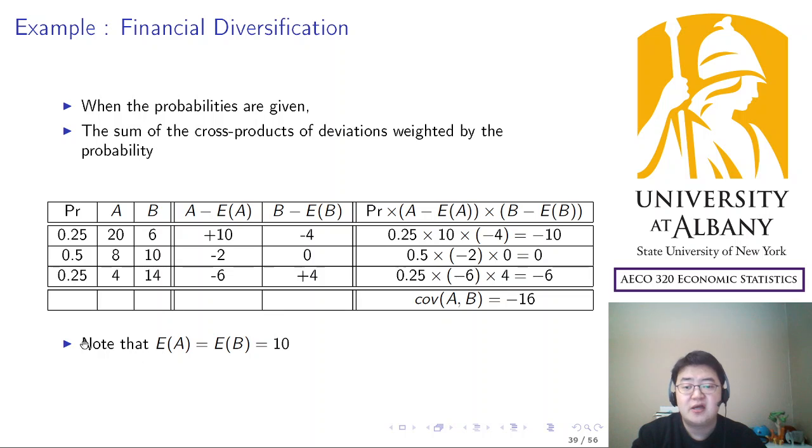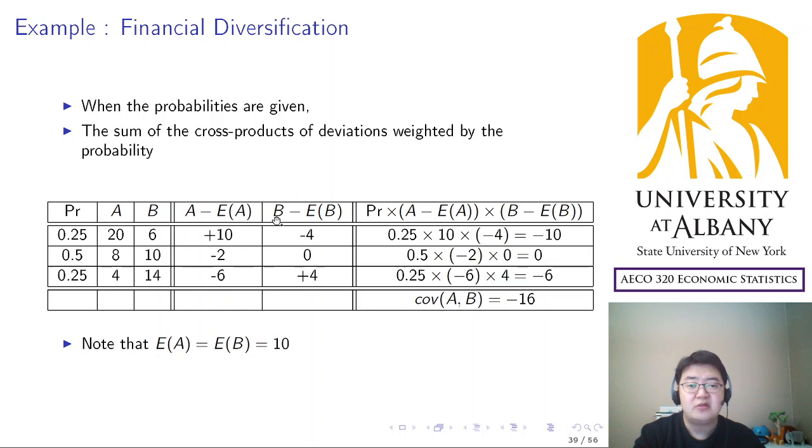The first step is to calculate the mean, and I made up the numbers so that the mean equals 10 for both assets. So the mean of A is 10, also 10 for B. And then the deviation for A is 20 minus 10, 8 minus 10, and 4 minus 10.